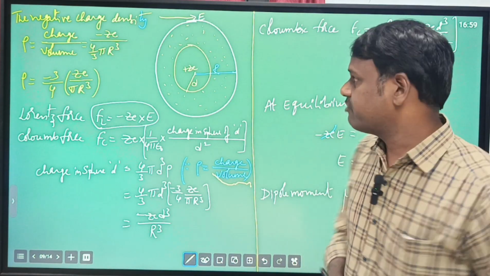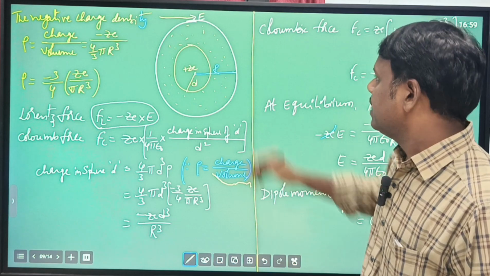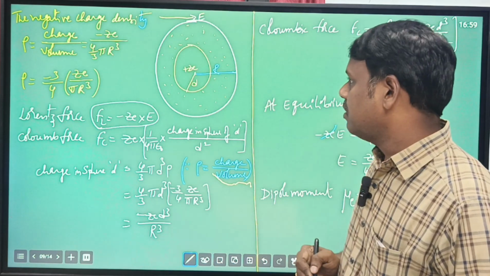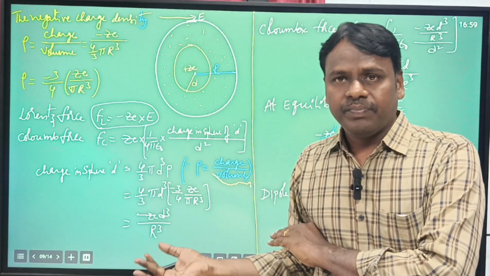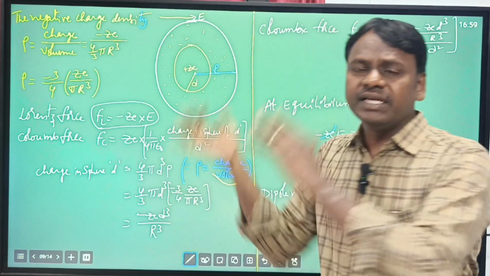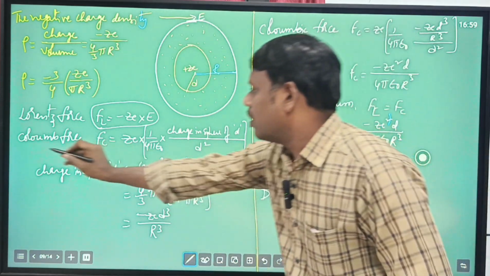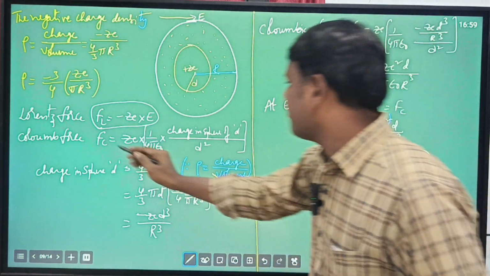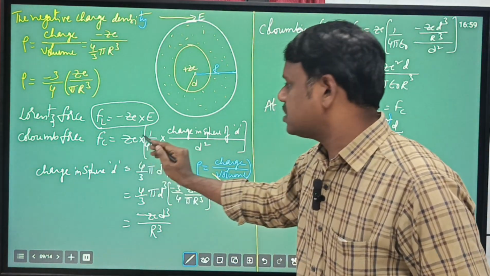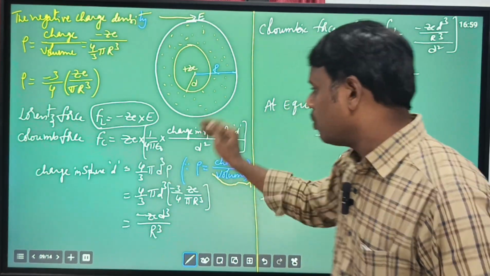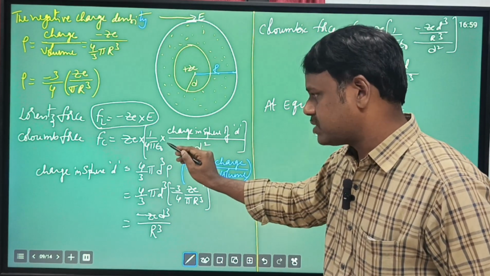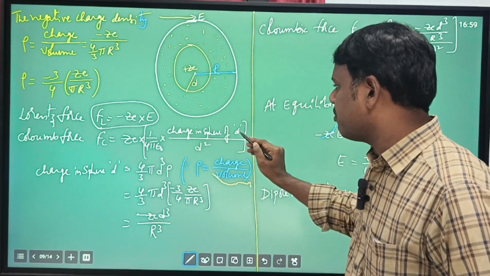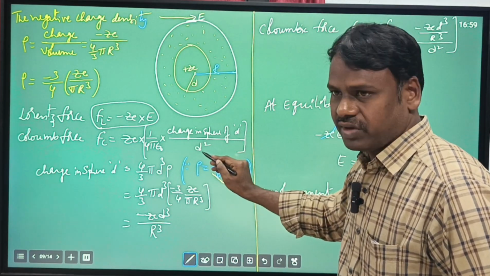Because of the applied electric field intensity E, there is some deformation, and after some time the atom tends to regain its original position because of the Coulombic force. The Coulombic force is Fc equal to charge into 1 by 4 pi epsilon naught into the charge in the sphere of radius d divided by d square.